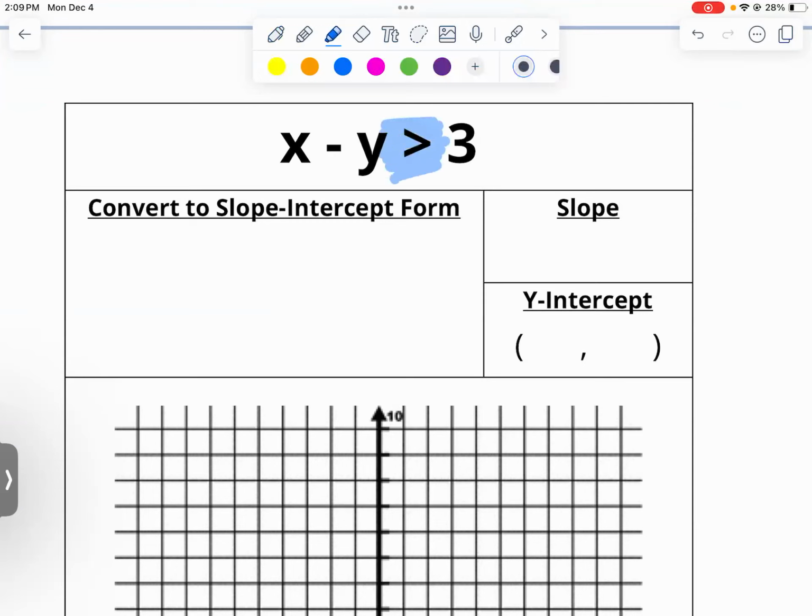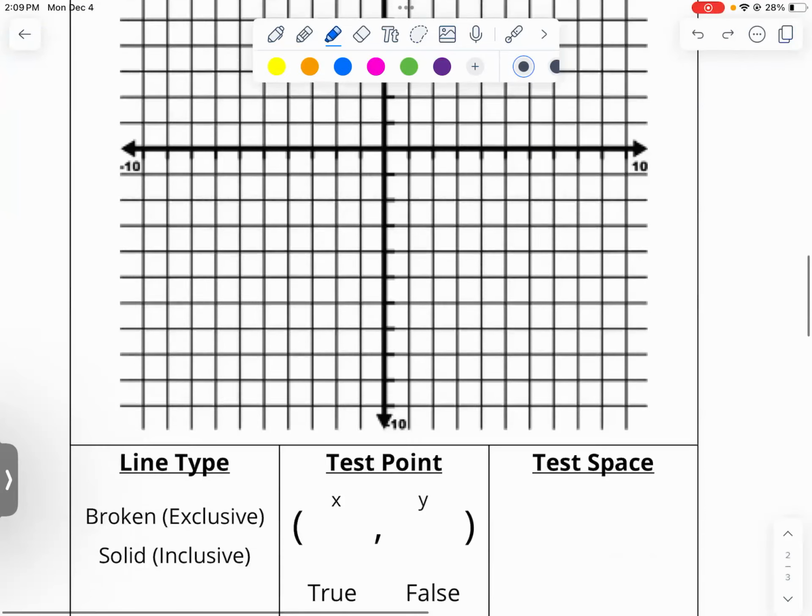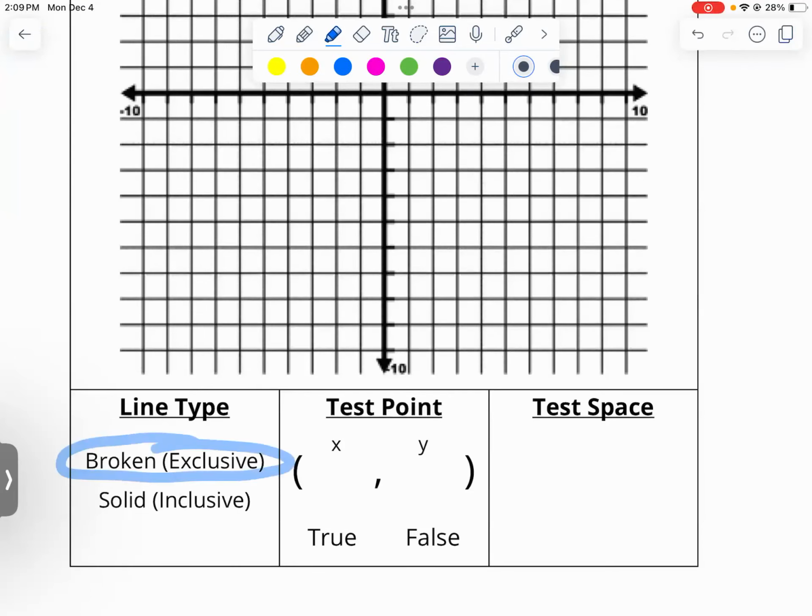So notice our inequality sign is strictly greater than. If we were on a number line, we would have an open circle as opposed to a closed circle, which means when we go to graph our line, we're going to have a broken line, or a dashed or a dotted line.